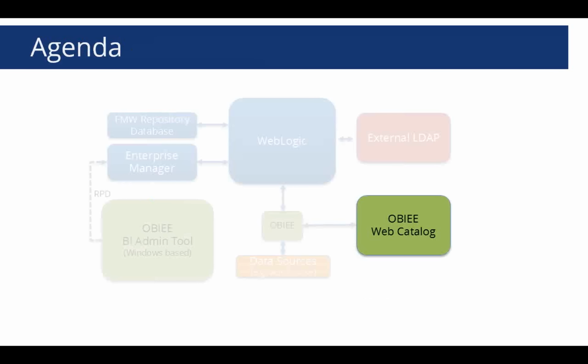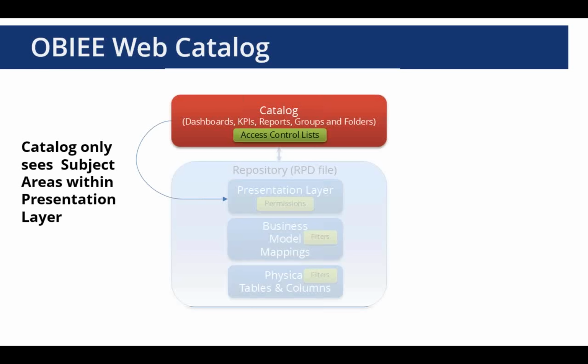So now we're going to be moving to the OBIEE web catalog here. Specifically in the catalog, this is where the access control lists itemize what it is exactly that a user can do and see. Key point is that the catalog only has visibility into the subject areas within the presentation layer.